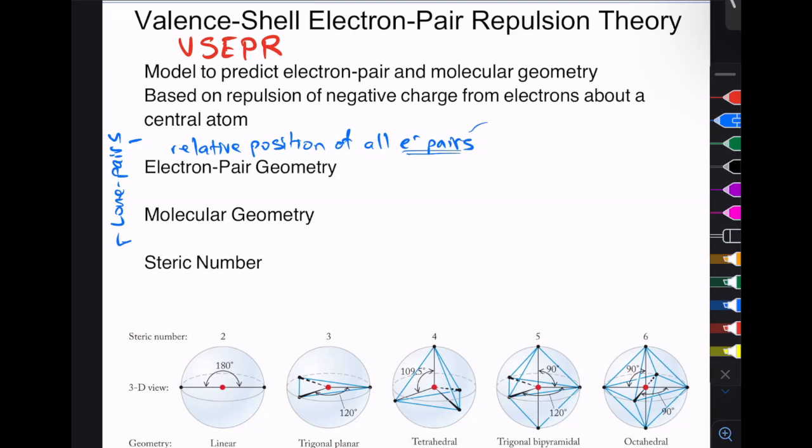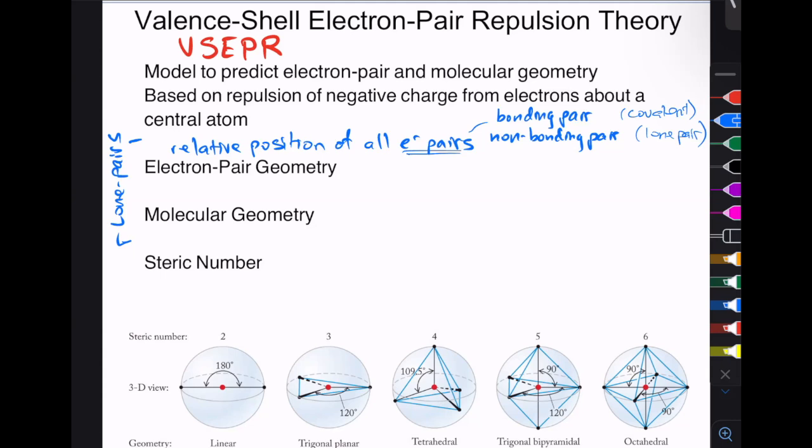And we're counting all of them. The bonding pair, of course, we call this a covalent bond. And the non-bonding pair, we call this a lone pair. Okay, remember those terms are interchangeable.